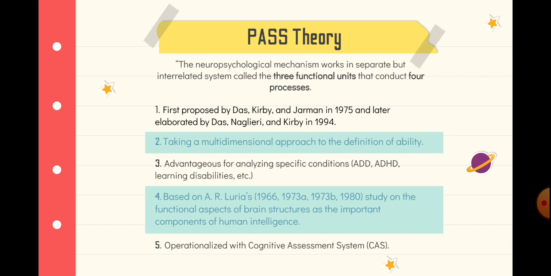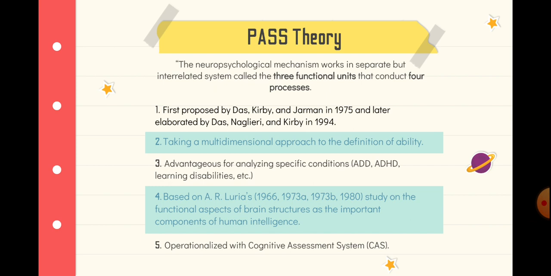And this difference is advantageous because it can be used to analyze specific conditions such as ADD, ADHD, learning disabilities, reading disabilities, and so on. So, why can this theory be used to analyze specific conditions?